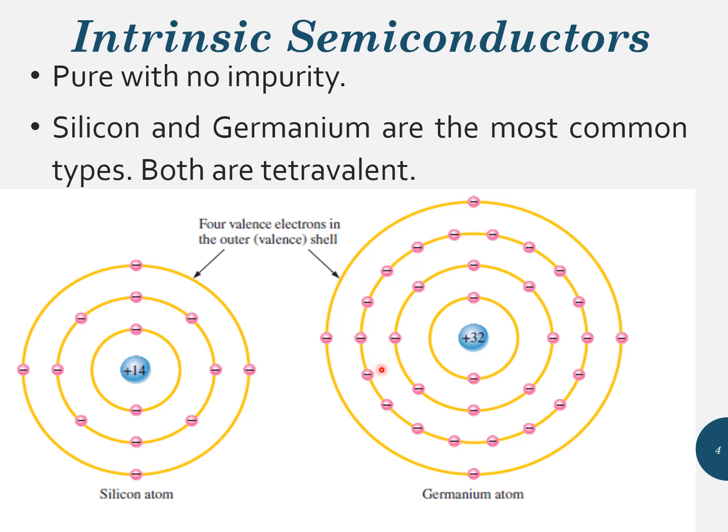This property makes germanium more unstable at high temperatures. It results in excessive reverse current. This is why silicon is a more widely used semiconductive material. It is used in diodes, transistors, integrated circuits, and other semiconductor devices.